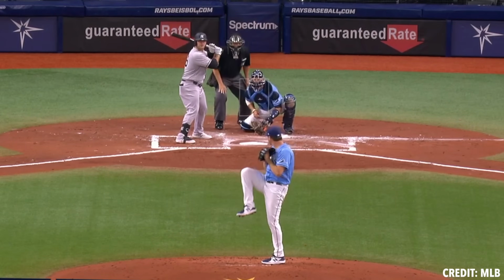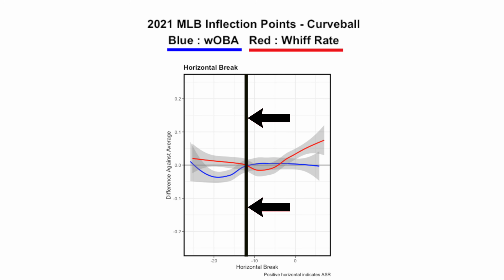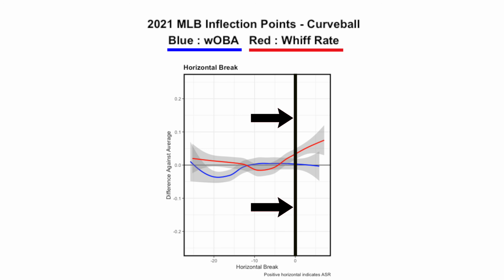Looking at horizontal break, so again, going back to a guy like Rich Hill who can manipulate the sweep component, you can see as we get steep horizontally with sweep, again, kind of plateauing, minimal return. And then towards the 0 line, that's more of that 12-6 profile, you can see some return there in whiffs as well.